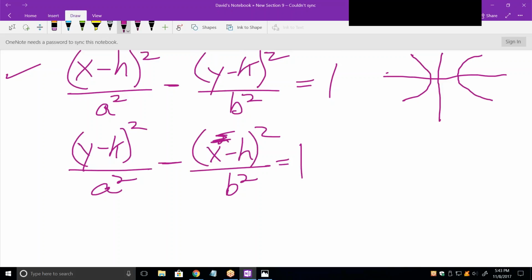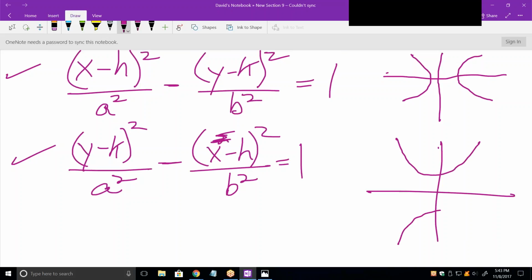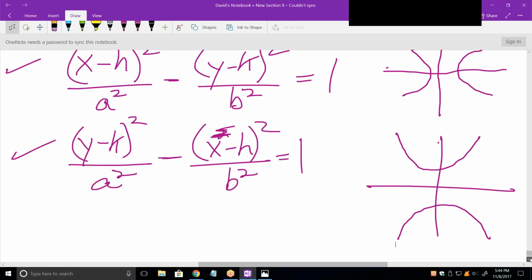If it is like the second one, if it's y squared minus x squared, then it is a vertical hyperbola. It's going to look like this. So much like an ellipse, the first task you have is to figure out which it is. Okay? Now, let's talk about how we draw a hyperbola.